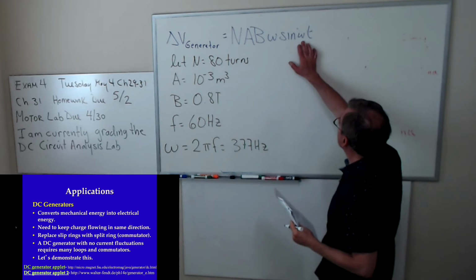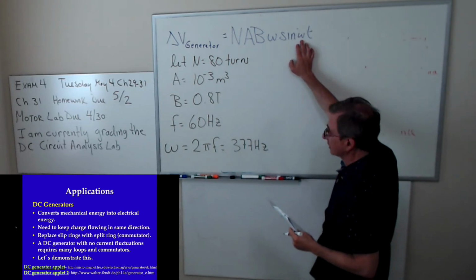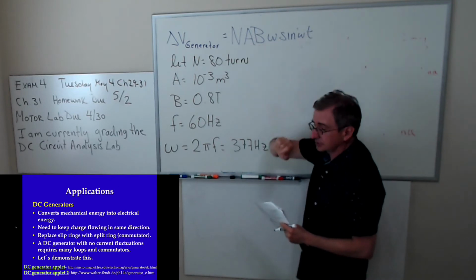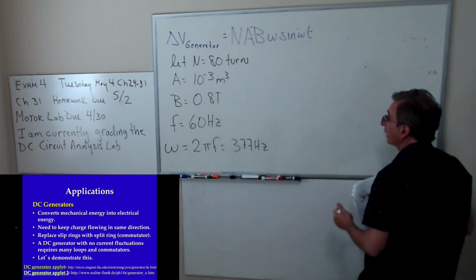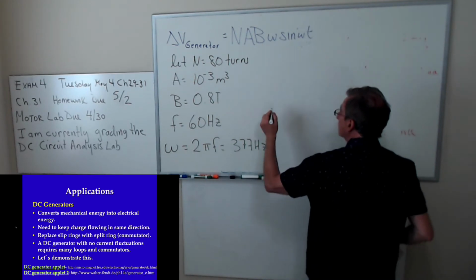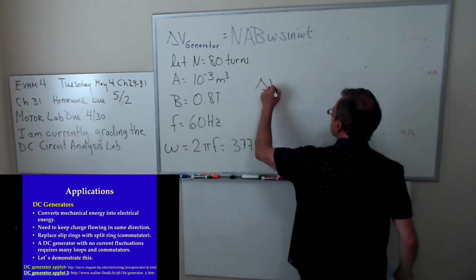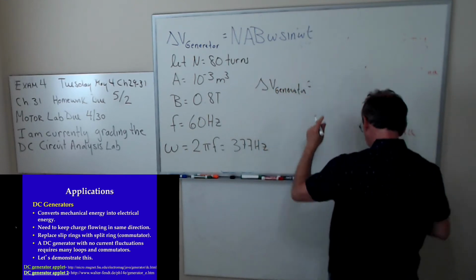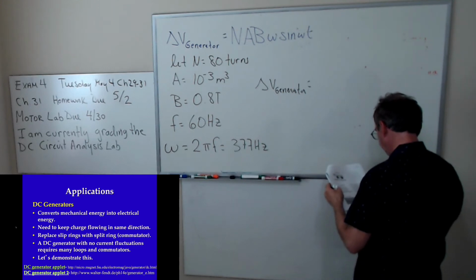Okay, so now I've spelled out all the quantities. T is time, omega is the angular frequency or angular speed, B is the magnetic field, A is the area, N is the number of turns. If we put these values in, the generator voltage is described by the following.